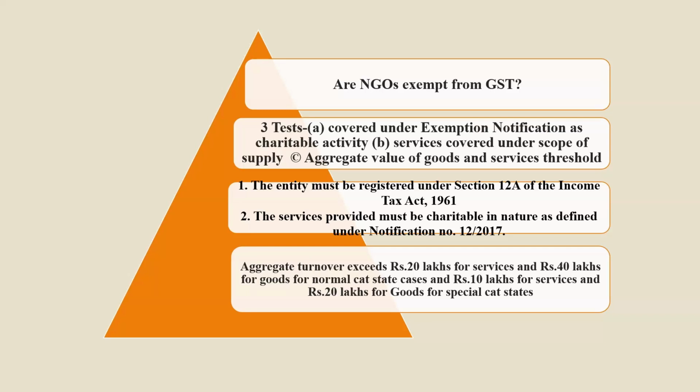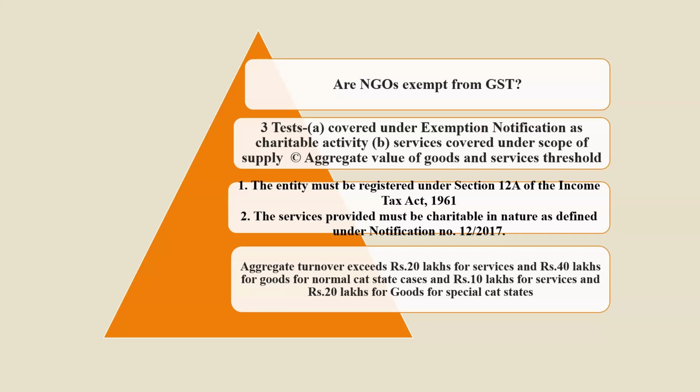Okay, so this slide gives you an idea as to what test needs to be understood, or what precaution needs to be taken, to see whether you are covered under GST or not. However, for instance, if you were to get a contract and you were failing test number A and B, and you get a contract for 30 lakhs, you will have to get registered, charge GST and deposit that GST.